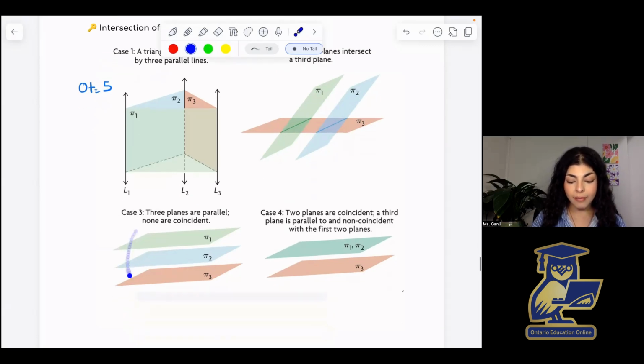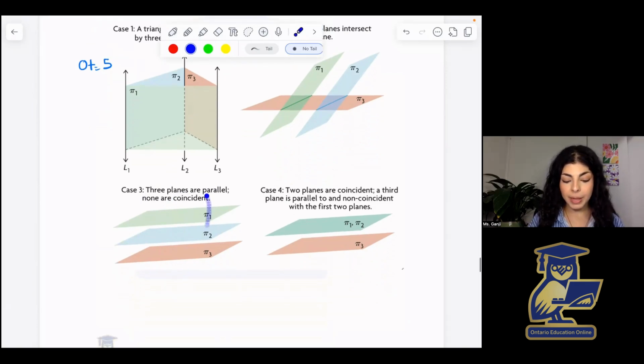You can also have that all three planes are parallel. So in that case, their normal vectors will all be scalar multiples of one another. So in Cartesian form, you'll perhaps see all the A's are multiples of one another, same with the B's and the C's, but then your D terms are all going to be different. And that's what makes them parallel as compared to coincident.